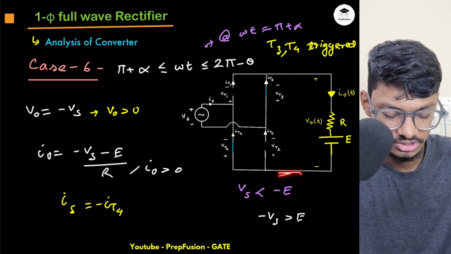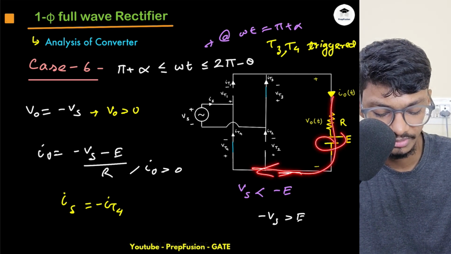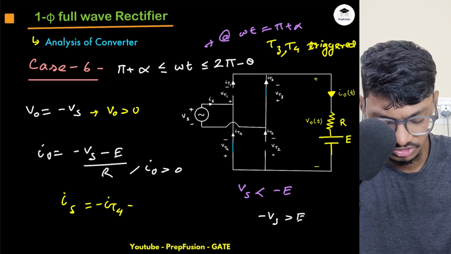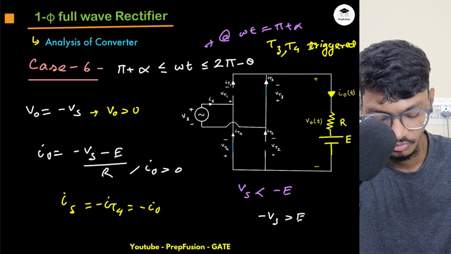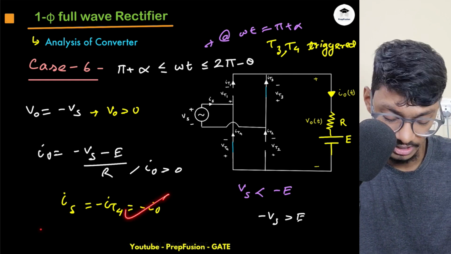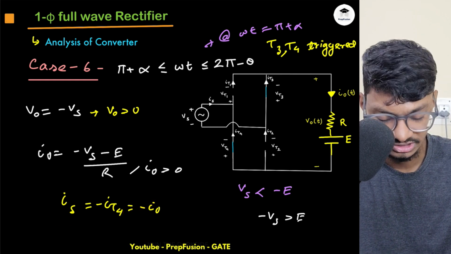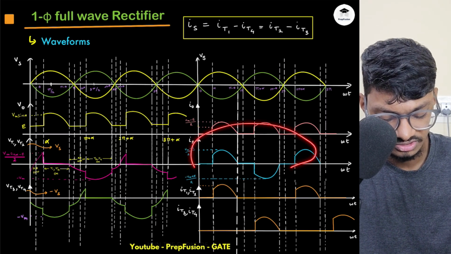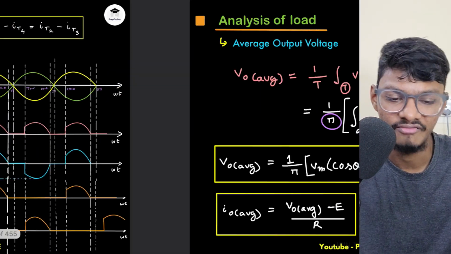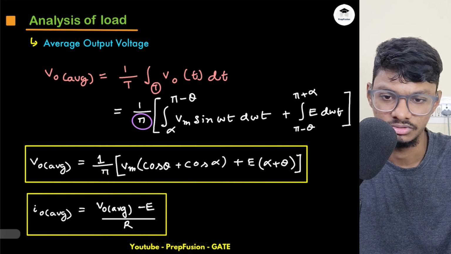So IT4 is simply equal to Io, because whatever current is coming in, that current should go out. So Is equals minus Io for one case, and Is equals plus Io for the other case. Obviously the areas of the source current will get cancelled, hence the average source current will simply be 0.